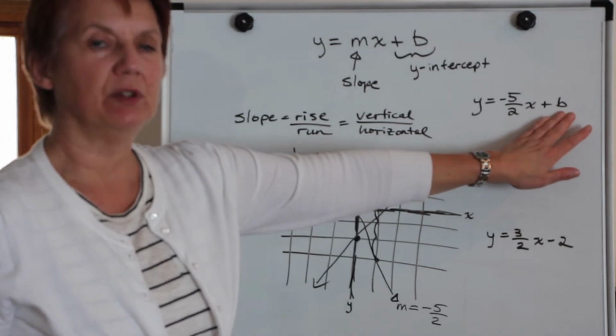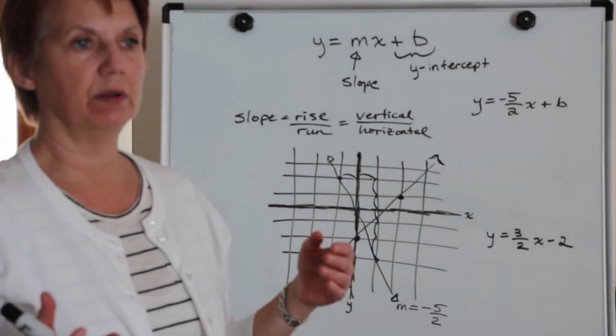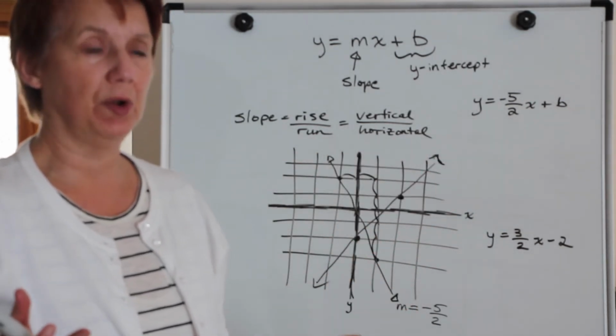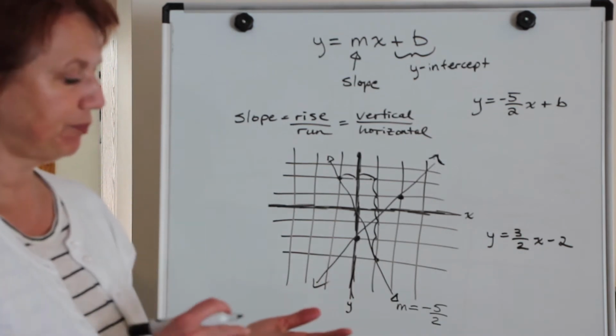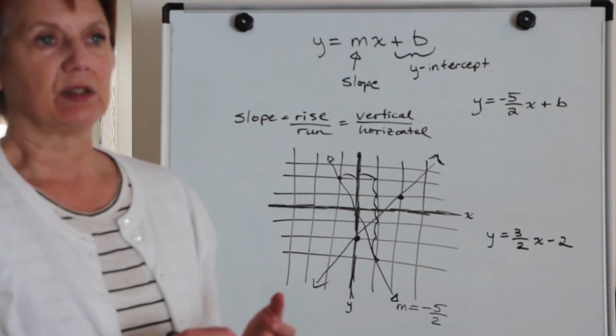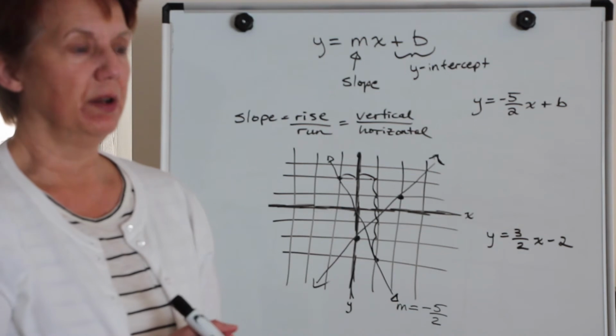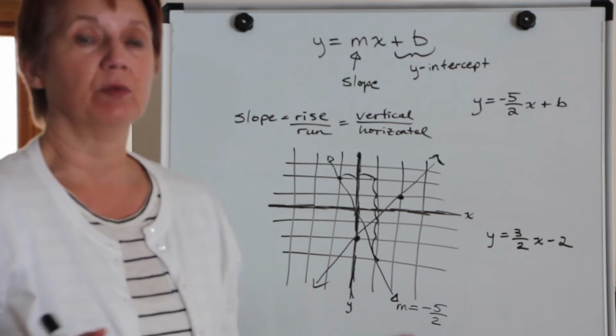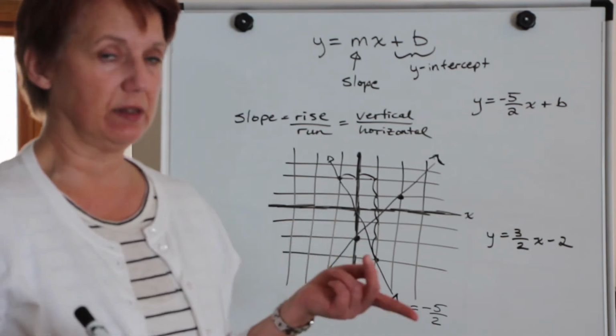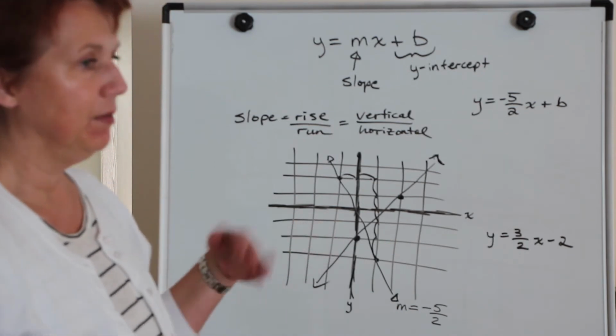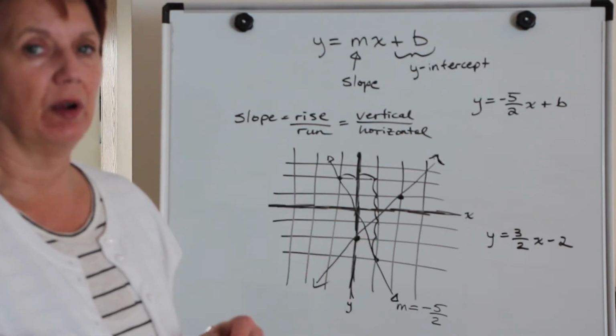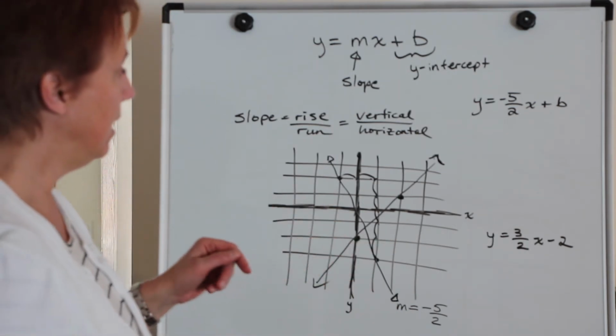This is what you have to do when you're given a graph, or you're given the slope and 1 point, and we'll get into examples of that. Or you're given a slope and 2 points, or you're given just 2 points, in which case you have to find the slope first. We'll get to that as well. And then once you have the slope, then you can figure out what the y-intercept is, okay?